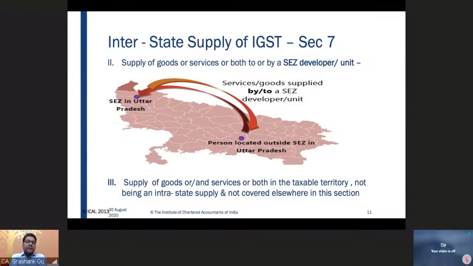So government started thinking, how can we take some more steps to promote exports out of India? That is where they identified and developed a concept by the name of special economic zone. What is special economic zone?